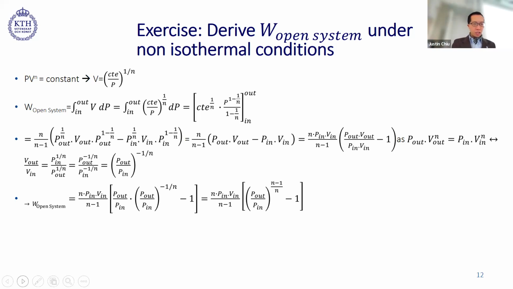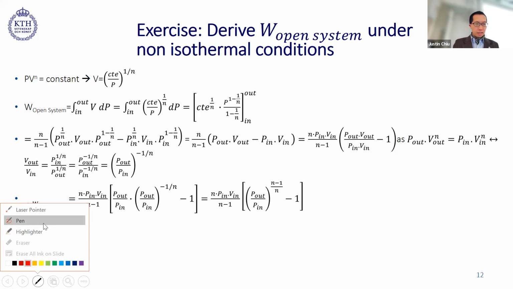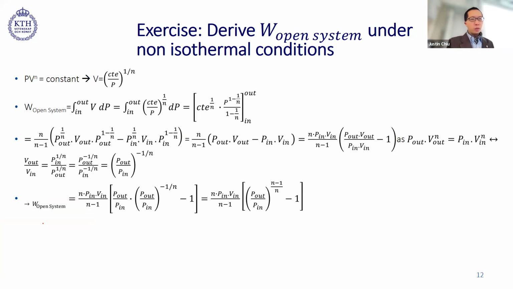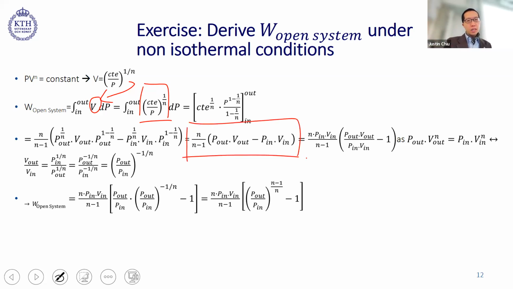Basically, what we are doing here is that we replace the V by this. We know PV to the power of n is a constant, so we can rewrite V in this format. And then if you integrate it, you get this n over n minus 1 delta of PV.